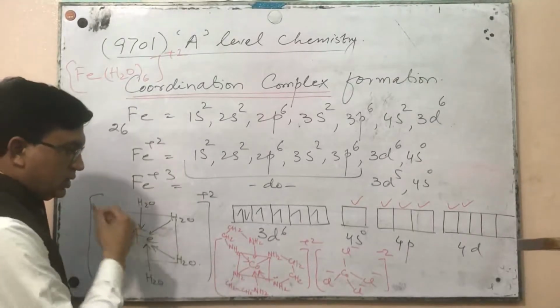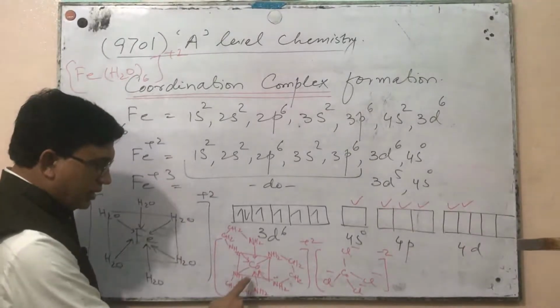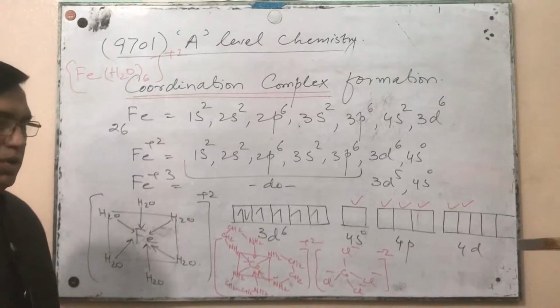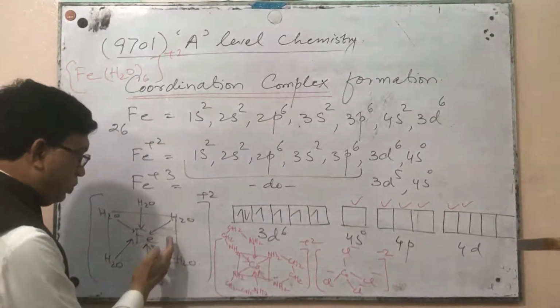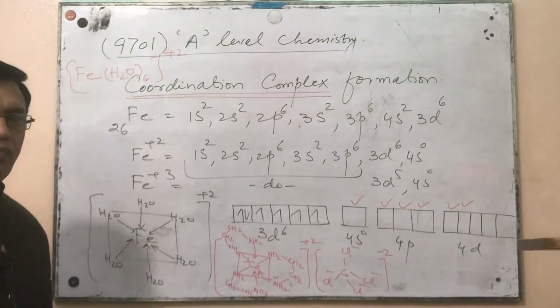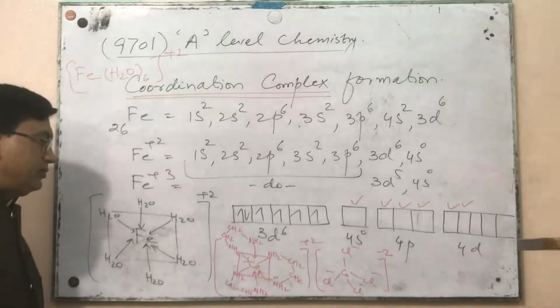Similarly, cobalt can also form 6 coordinate covalent bonds. Just like water, which can form 6 coordinate covalent bonds, but water is a monodentate ligand.